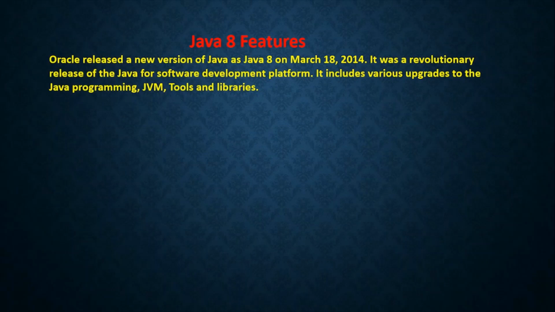Oracle released a new version of Java as Java 8 on March 18th, 2014. Why are we stressing it's an important feature? Because many interesting and important features were included as part of Java 8 by Oracle Corporation.